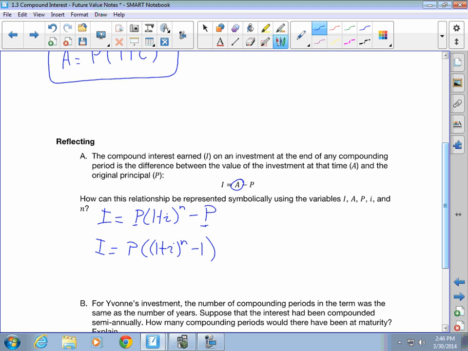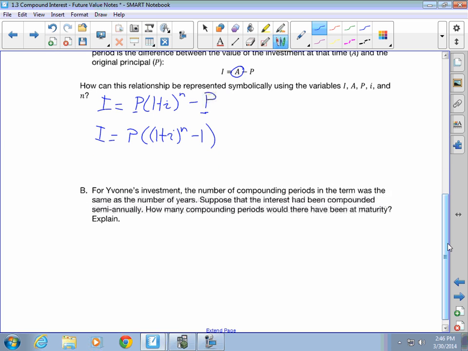So part B says, for Yvonne's investment, the number of compounding periods in the term was the same as the number of years. Suppose that the interest has been compounded semi-annually. How many compounding periods would there have been at maturity? Explain. So semi-annually means that there were two per year.